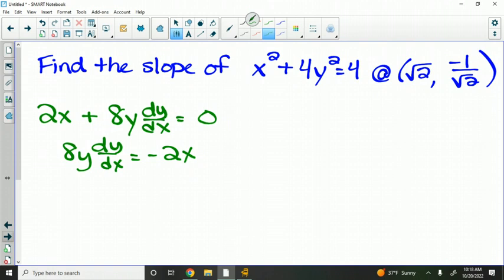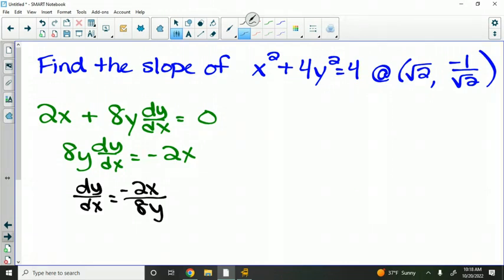And then all of these things on the left are being multiplied together. So to get dy dx by itself, I'm going to divide each side by 8y. And so I'll have negative 2x divided by 8y. That's my derivative. So at any moment in time for this ellipse, that would be my slope.